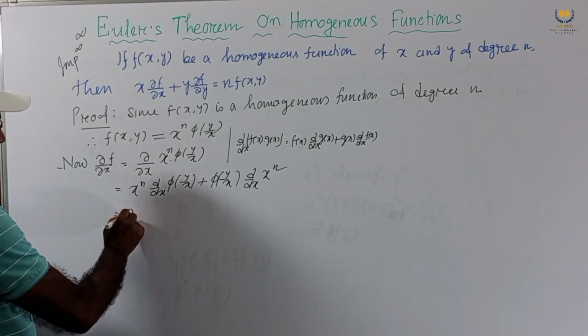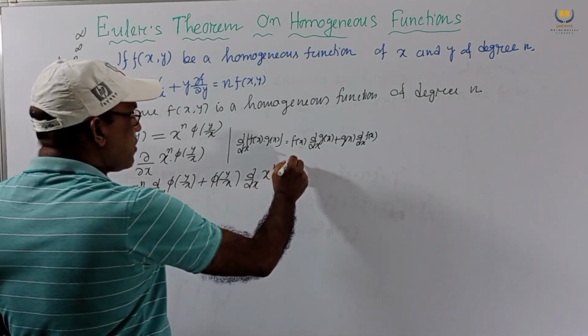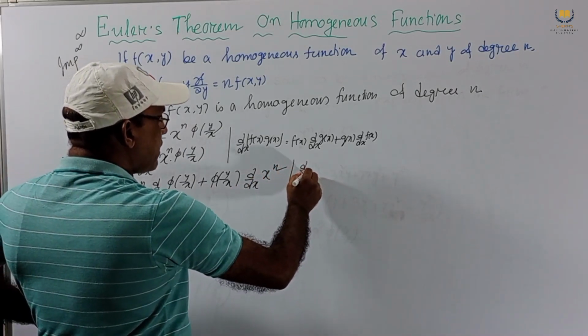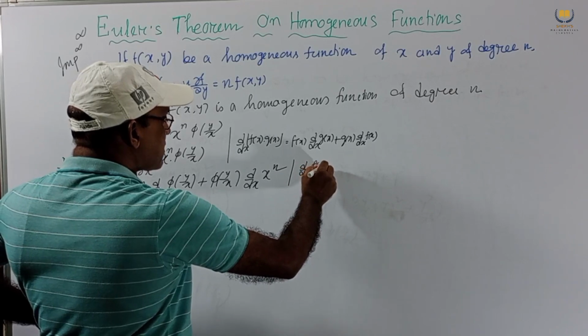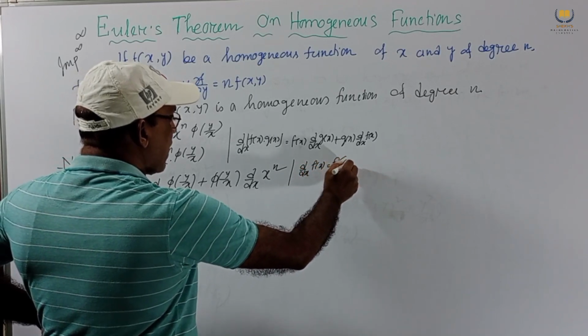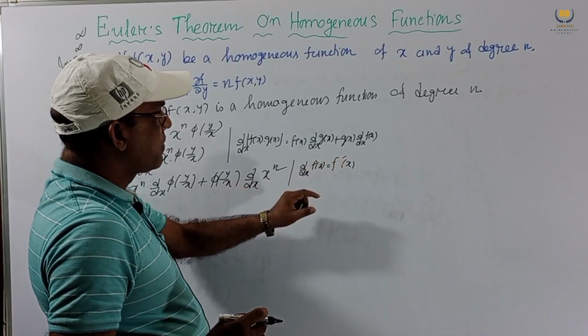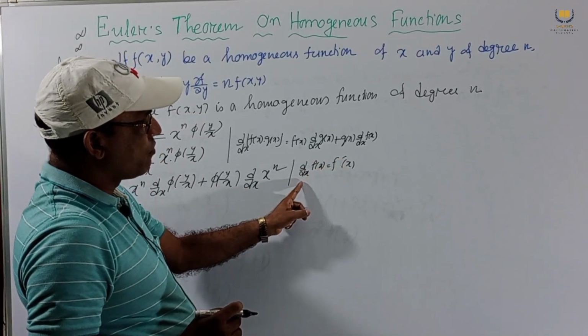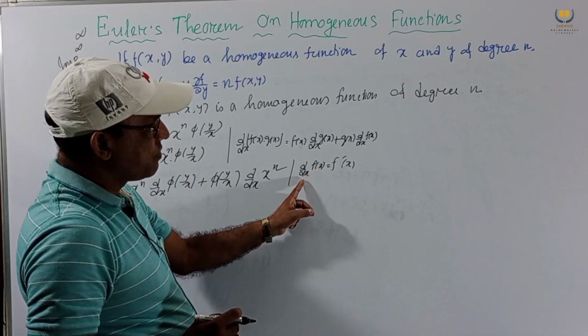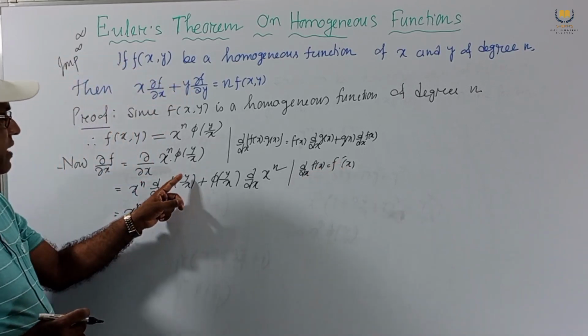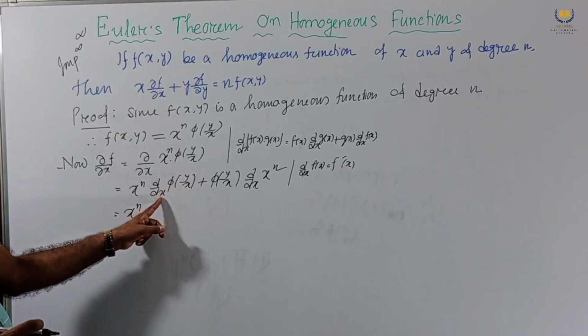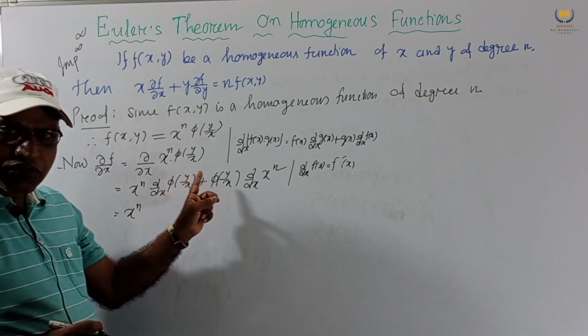Now for x to the power n, you know this formula, d by dx of f(x) equals f dash x. When both are the same x, we get f dash x. But within the bracket it is y by x, and this is x; these are different, so it is not possible to write f dash x.